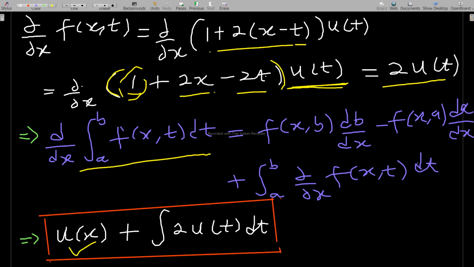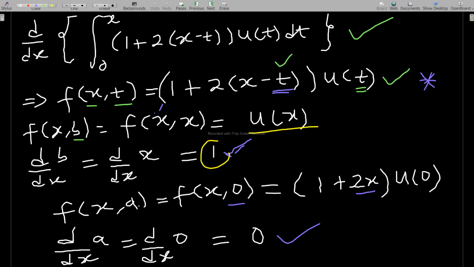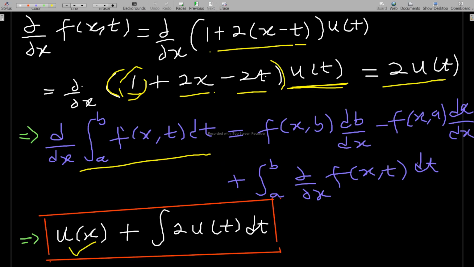Okay, then minus f of xa times da dx. Now you go to f of xa, you have this times the da dx gave us 0. So when I multiply it to that, I'll get 0. So it means that this term will just go to 0. Then I have integral from a to b. Here a and b, I didn't write it, so it's 0 to x rather.